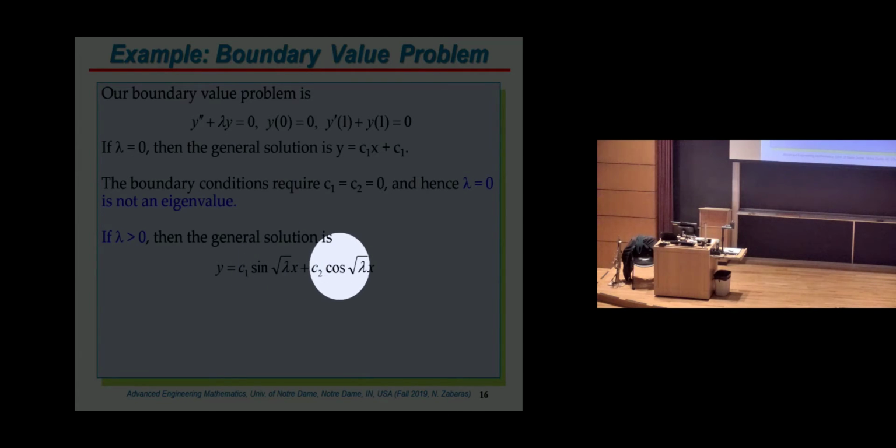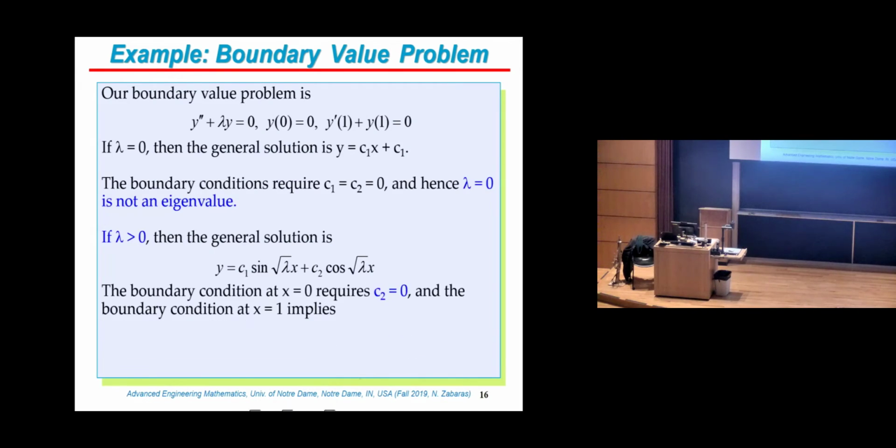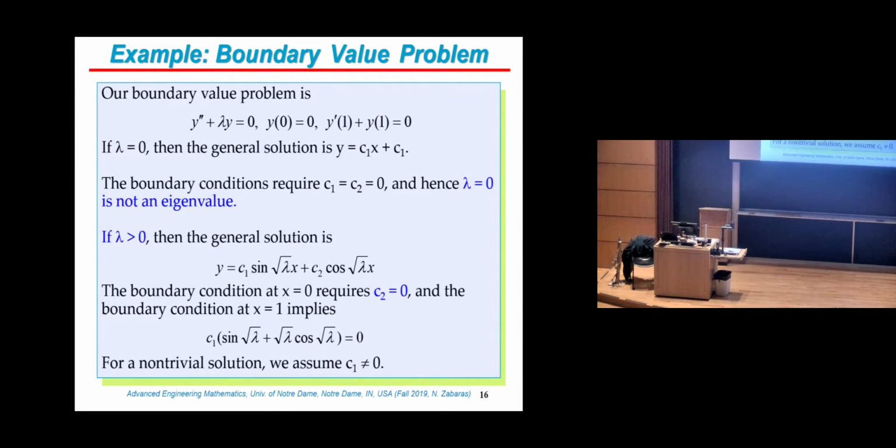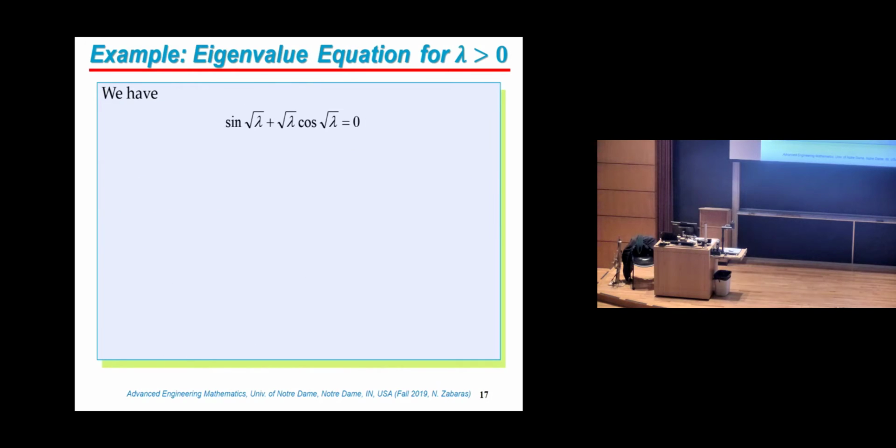So what can you tell me about C2? C2 is 0. So we are only left with this term. You're going to have the derivative of sine, which is a cosine, plus the sine. So you're going to get something like that. Immediately you can see that the eigenvalues can be computed by solving this nice equation.